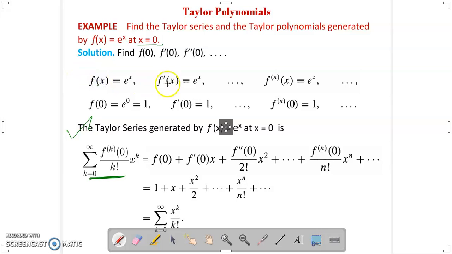So f of x, f dash x, the nth derivative, will be e to the power x. And when you find the function values at 0, they will also be equal to 1, and hence you have this series. See, when you are writing a series, don't forget to write these dots, which show that it is just going on. If you do not write these dots, it means you are talking about the polynomial. Okay, so this is the Taylor series. Here you see we are going till infinity.